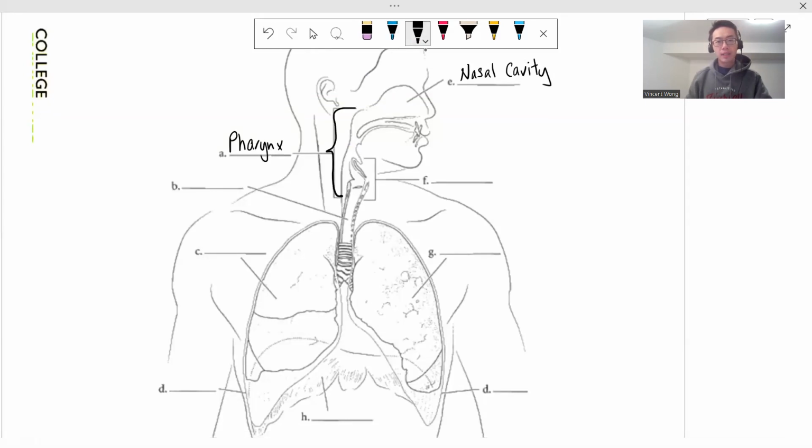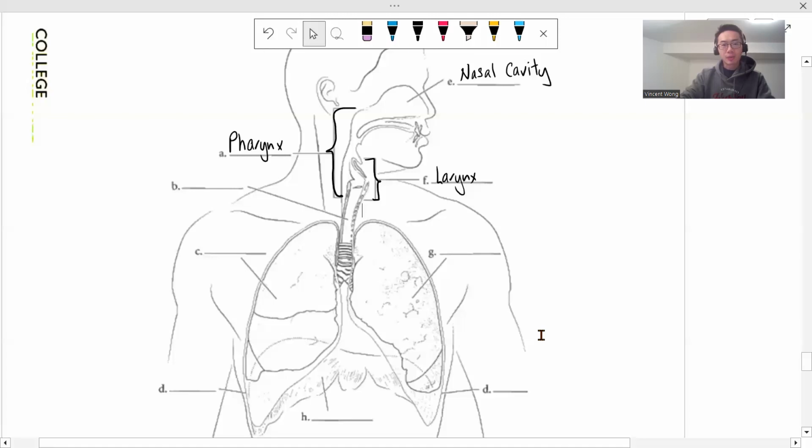Over here, this is the larynx. That is where you will have your vocal cords, which vibrate and make sound as air is passing through the vocal cords, right?